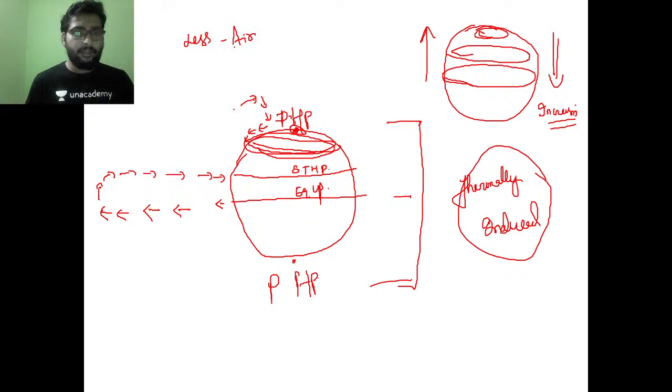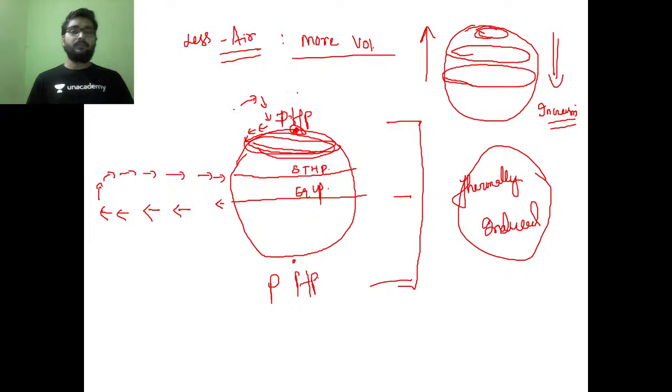The same amount of air needs to be accommodated in more volume. So when the volume increases, it will lead to low pressure, and hence at this point a low pressure belt will be created, which is called the subpolar low pressure belt.